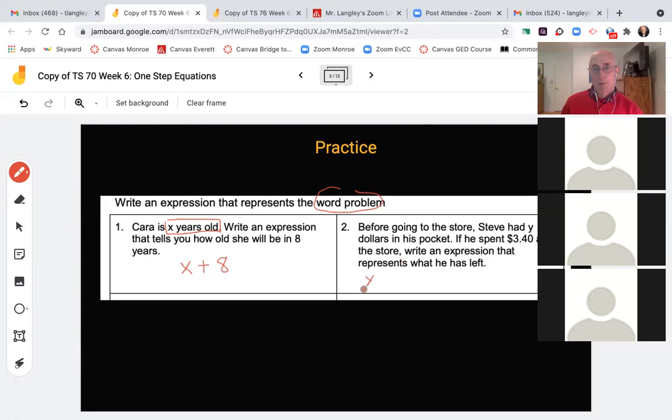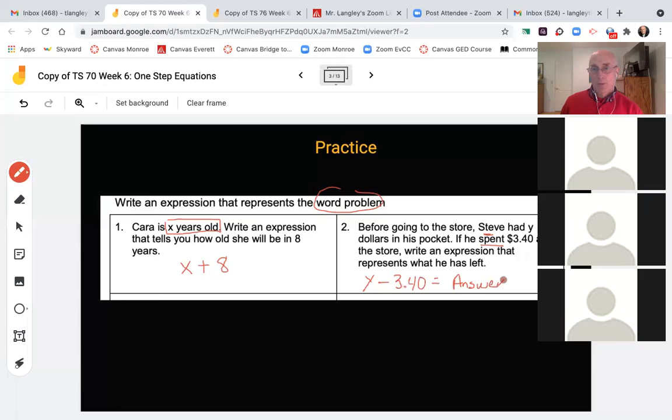This is how much money he's got in his pocket when he goes to the store. He spent, we know that spent means minus. So Y minus 3.40 will give us the answer to that expression as a story problem.